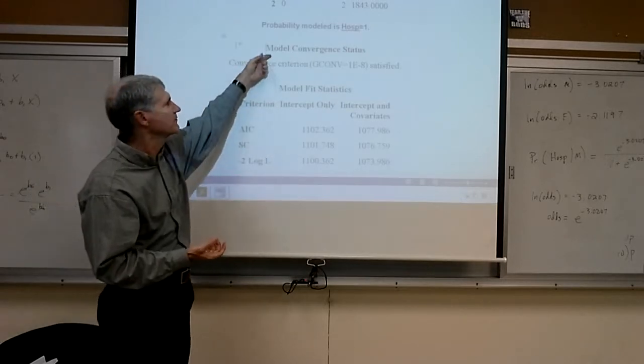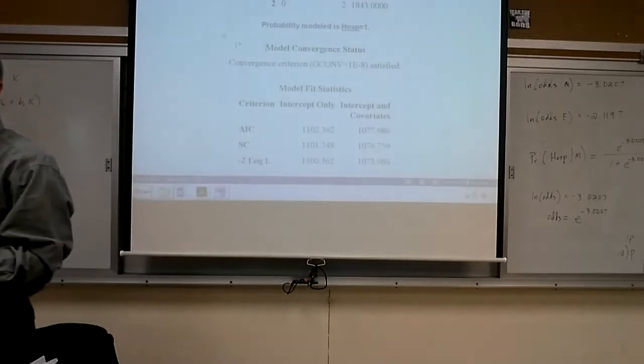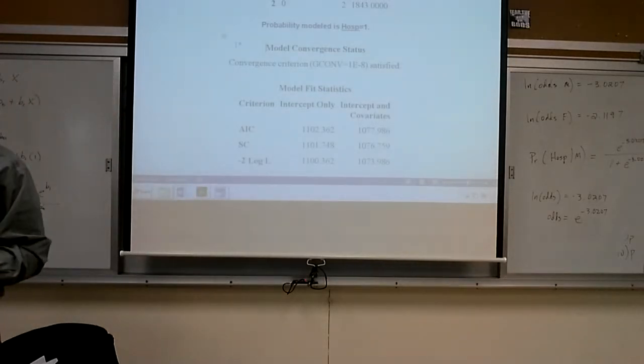Then it says model convergence status. Well, we don't care too much about that unless it doesn't converge, and then we've got a problem. Anytime in SAS or any other statistical package, when you fit maximum likelihood estimators, it's generally an iterative algorithm that the computer runs.